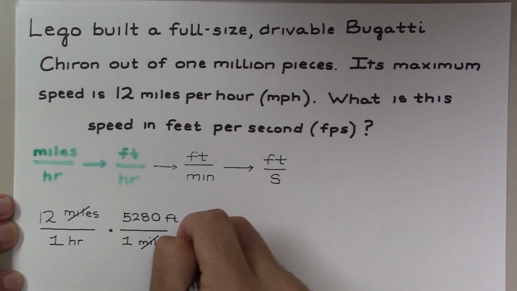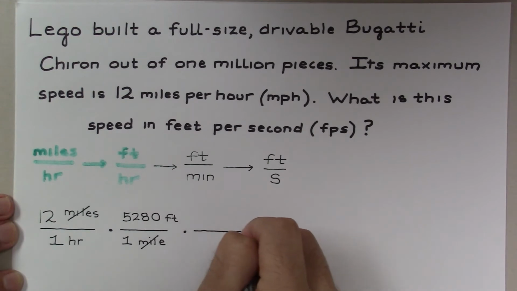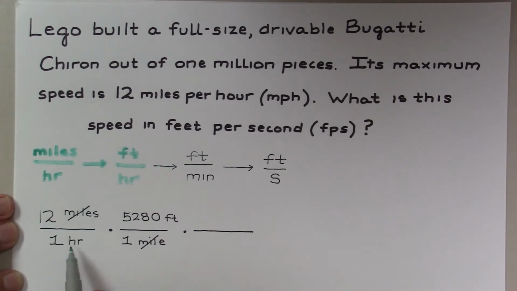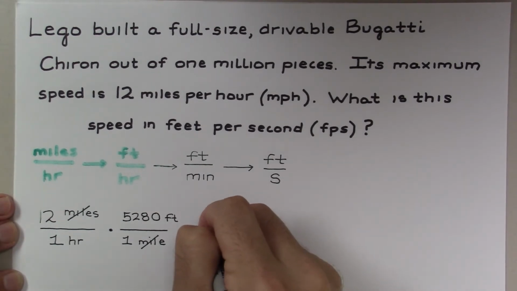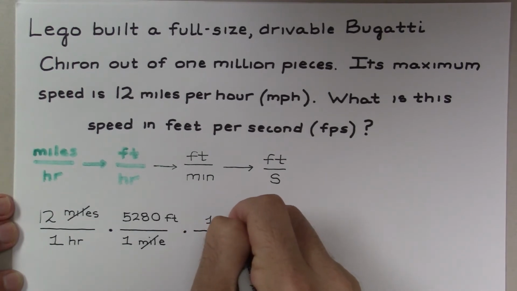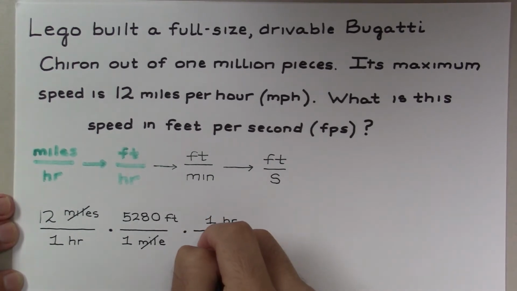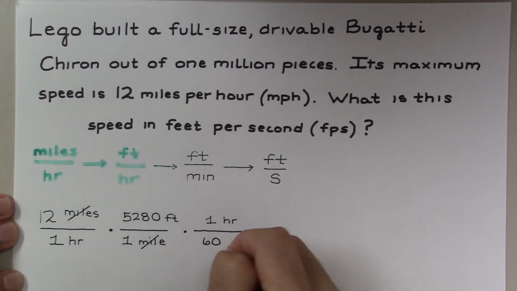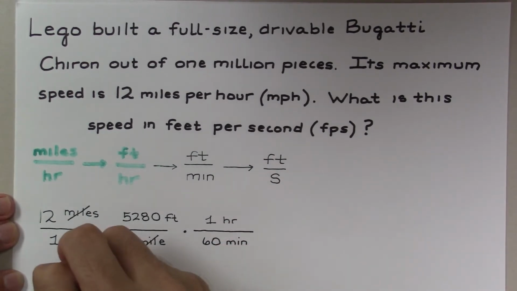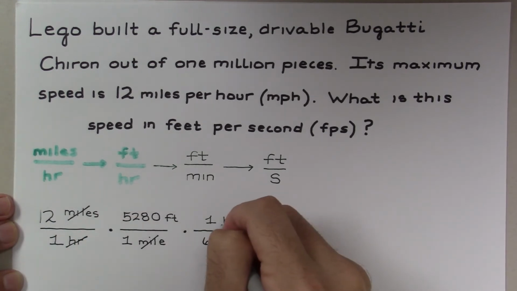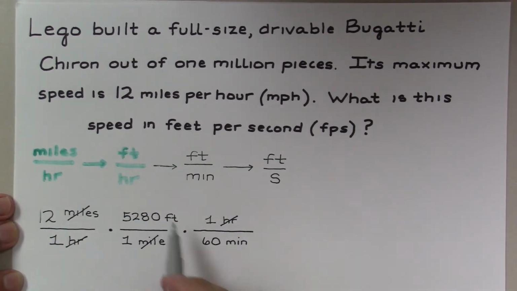Now we must go to feet per minute. So we will leave the top unit the same, but now we must go and get rid of hours using minutes. So we will say that 1 hour is 60 minutes. Notice that hour went on top to cancel out the hour on bottom of our original problem. Those hours will cancel, and now we're left with feet per minute.